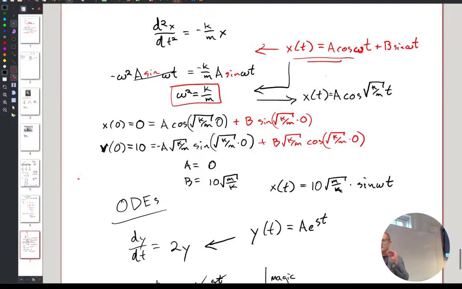And it satisfies our initial conditions because sine of 0 is 0, which is what we want. And then take a derivative, cosine omega is going to give us that 10 meter per second initial speed. Nice.